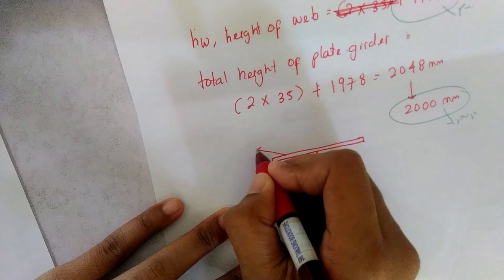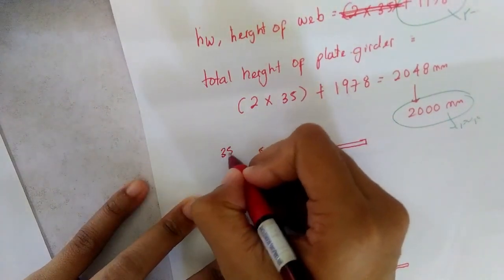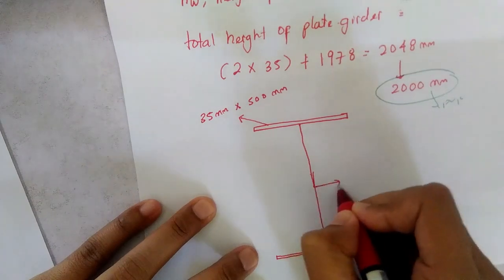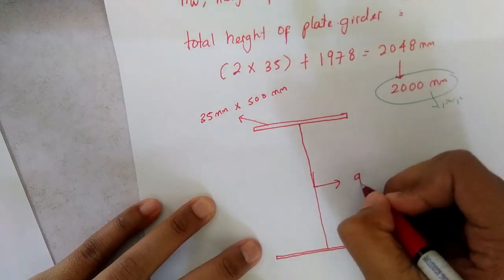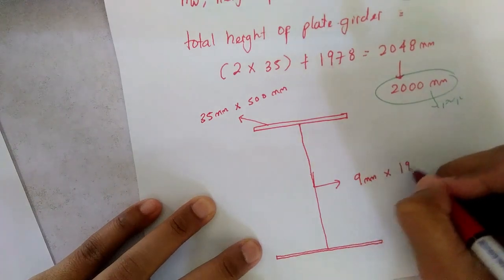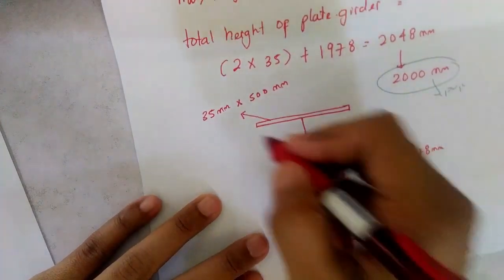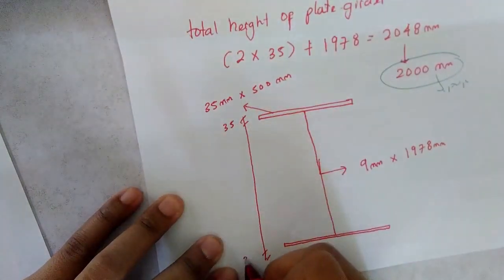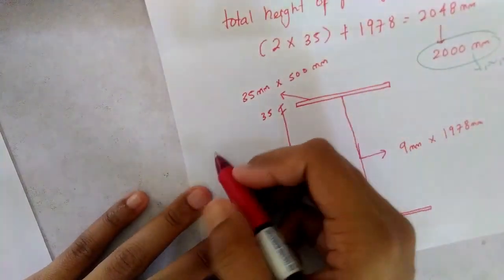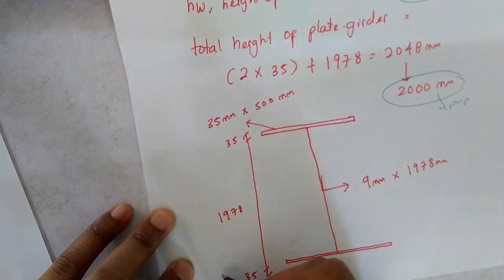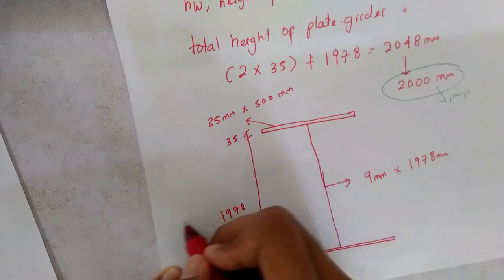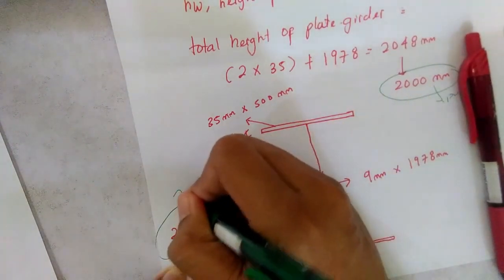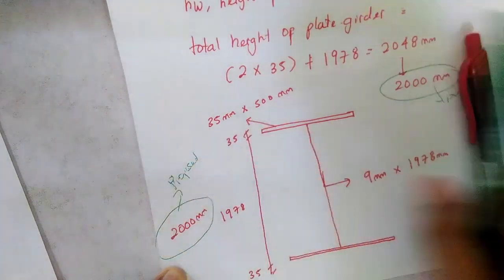The flange is 35 mm times 500 mm, while the thickness of the web is 9 mm times 1978 mm, and the overall height, including the thickness of the flange, we got 2048, but overall we propose to make it 2000 mm.